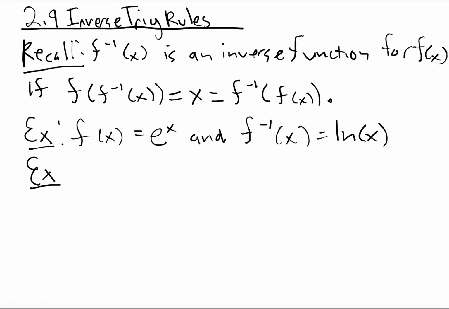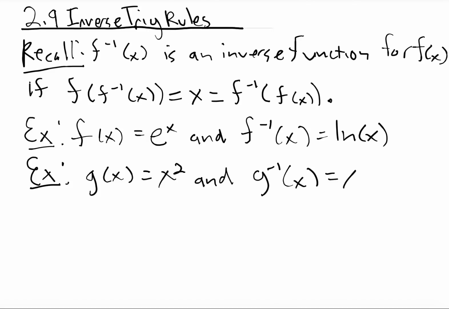Another example that I am certain you guys have seen before: if you start out with x squared, what undoes this function? Well, the obvious one, the square root function, which is a half power, or we'll write this as root x. Now there is a small catch here. Whenever you're looking at inverse functions, you do have to be a little bit careful about the domain.